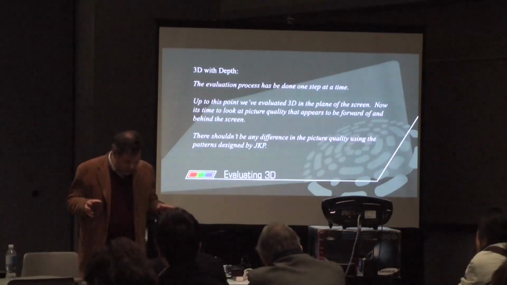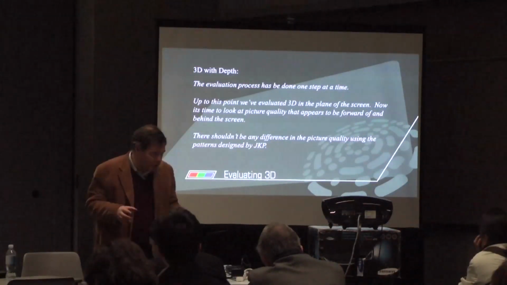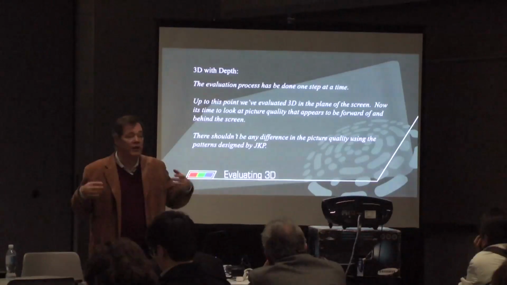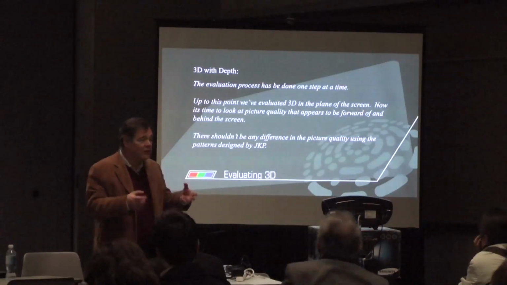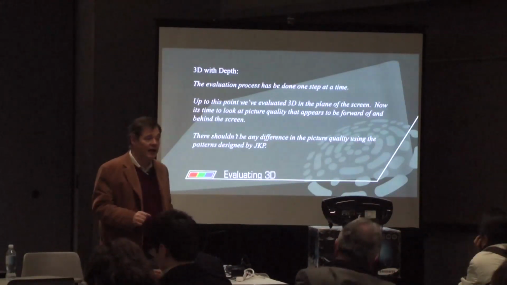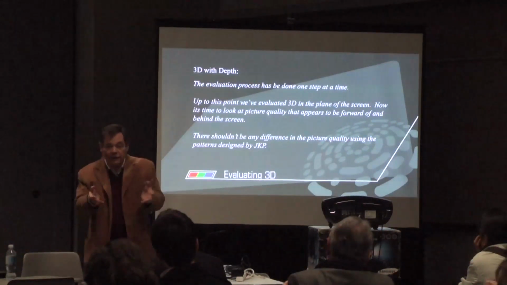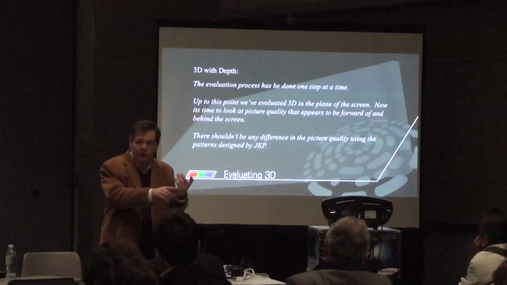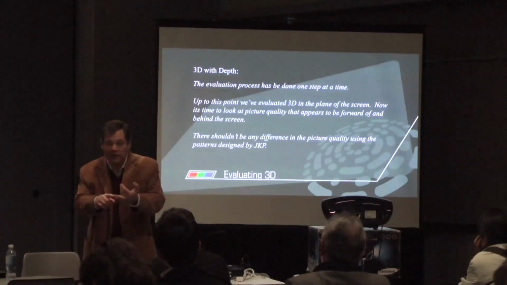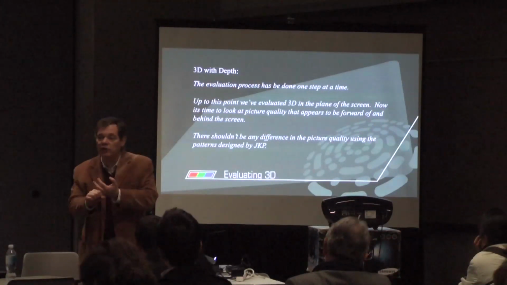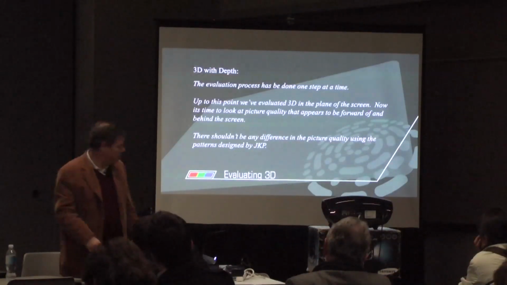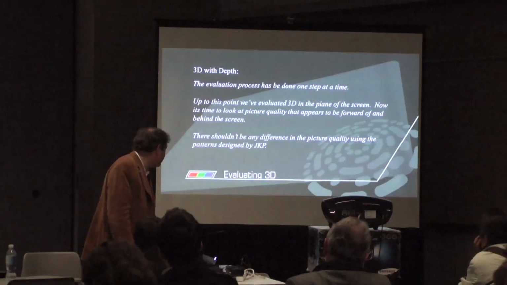So the next part of the evaluation comes in looking at 3D with depth. Now, this is the point where you have to put the glasses on. But if you've been pre-informed by 2D and 3D flat, you're now going to know what's going on when you look at 3D.